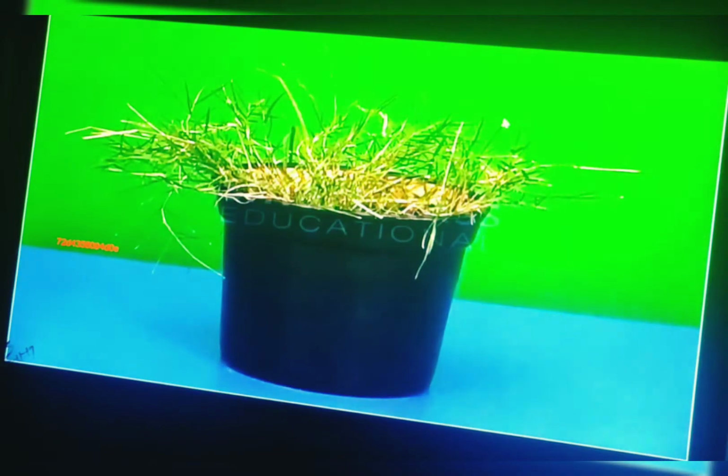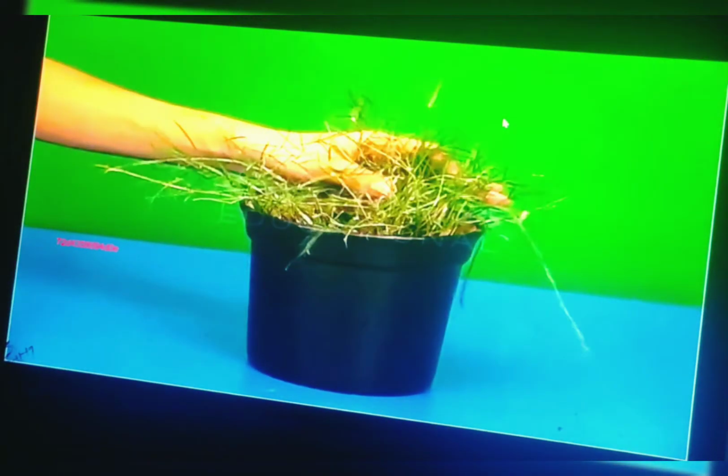Take the plants of rose, sunflower, grass, and lily. Then take out all these plants from the soil.